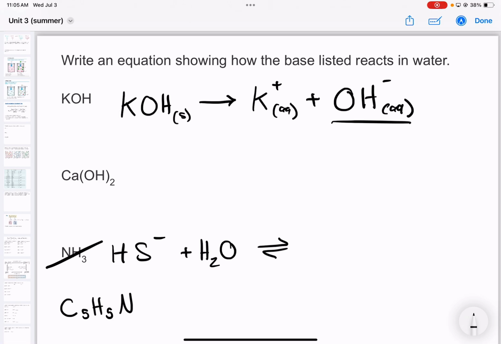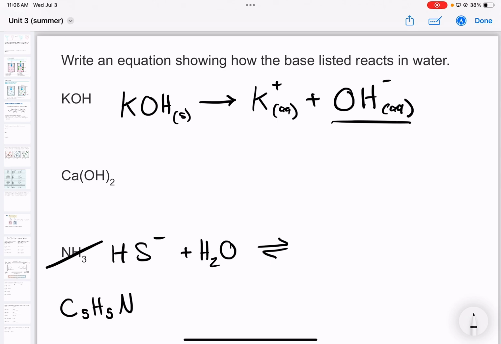But like I said, it's all of the 1A, so LiOH, NaOH, KOH, RbOH. And then these 3 to some small degree: Ca(OH)2, Sr(OH)2, and Ba(OH)2. Those are the only ones you're going to see that are this type 1 type.